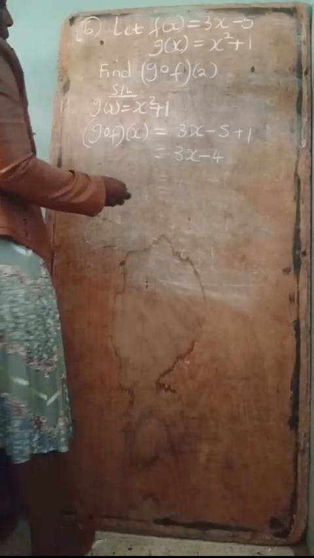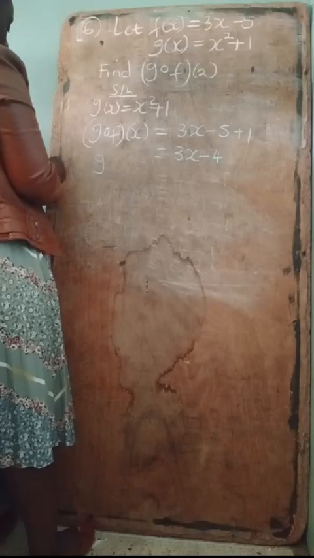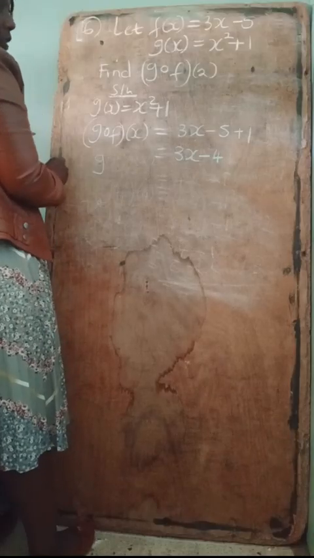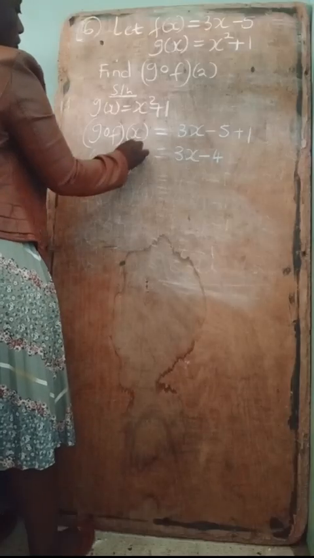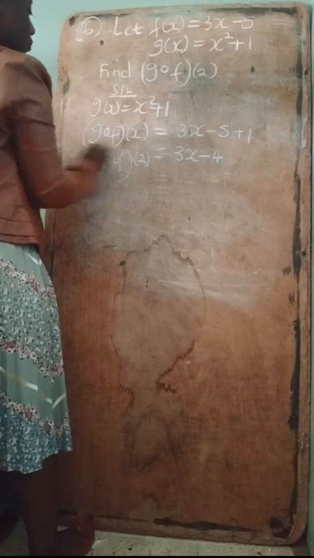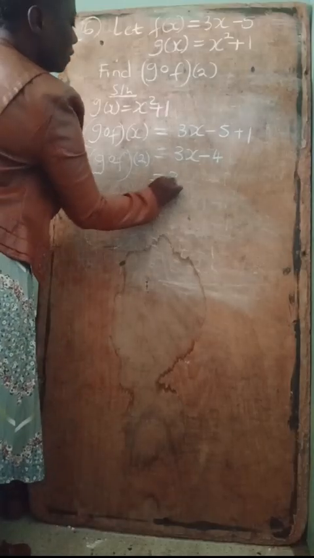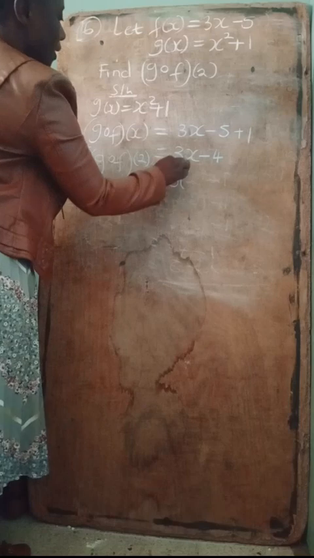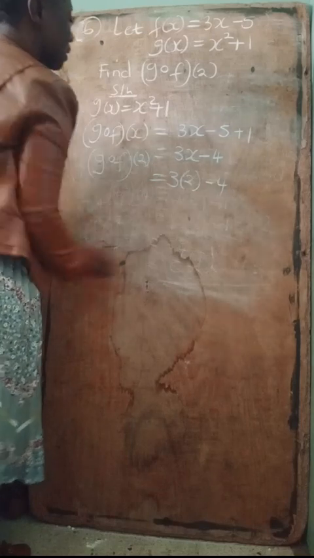Okay. So from there, we now write g of f of now 2. Hope you are seeing this color. So putting that one, we are going to say 3, where there is x here, now we are going to put a 2 minus a 4.